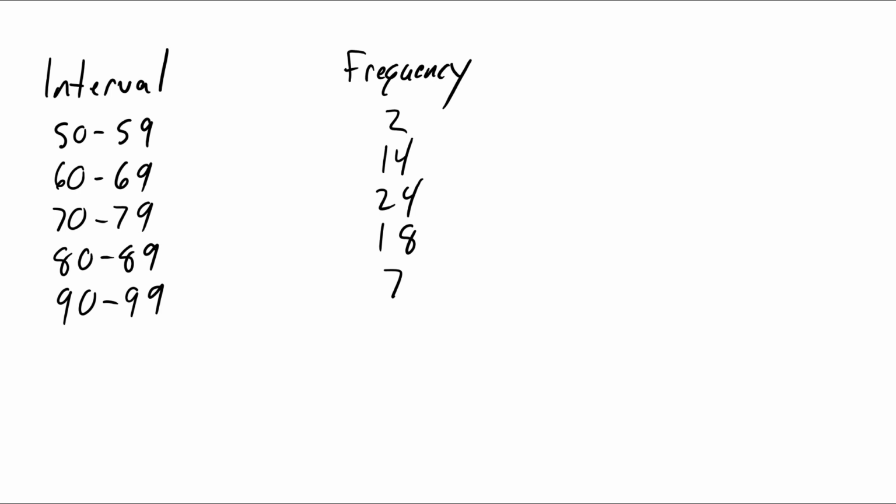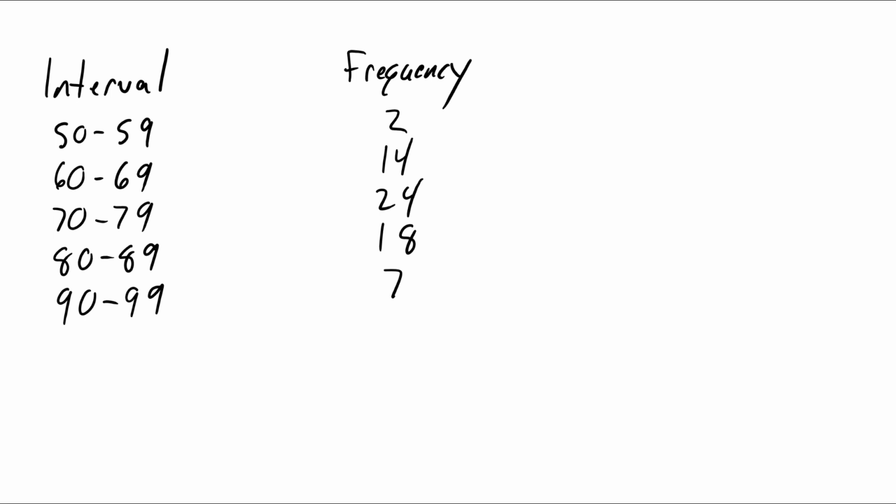Now, to find the mean here, we have to make an assumption, and that is that each of the values occurs at the midpoint of the interval, because we have no idea what any of these scores are. The two test scores between 50 and 59, they could both be 50s, or they could both be 59s. We have no idea.